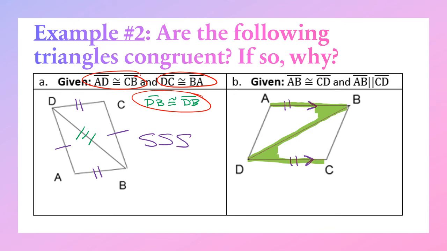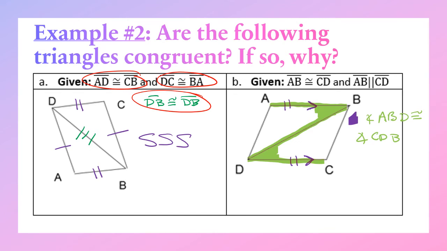So I can write that angle ABD is going to be congruent to angle CDB, because if two lines are parallel, then alternate interior angles are congruent.